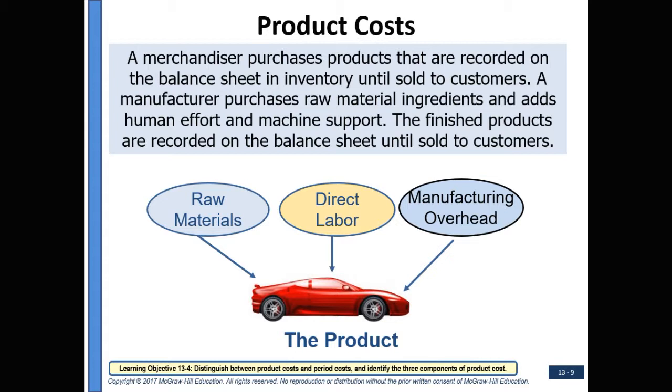The finished products are recorded on the balance sheet until sold to those customers. Product costs include those raw materials or direct materials, direct labor, and then manufacturing overhead.